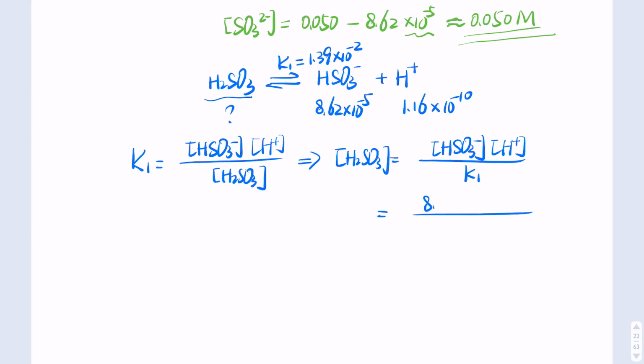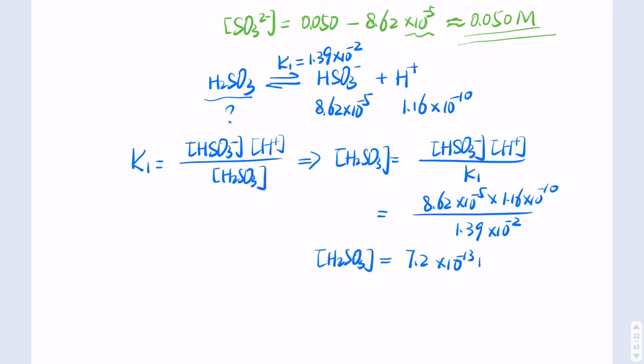You can put all the values in, 8.62 times 10 to the negative 5 times 1.16 times 10 to the negative 10 divided by 1.39 times 10 to the negative 2 gives me H2SO3, which is 7.2 times 10 to the negative 13 molar. Okay, so that will be the concentration of H2SO3, the most acidic form, and again the concentration is very small.